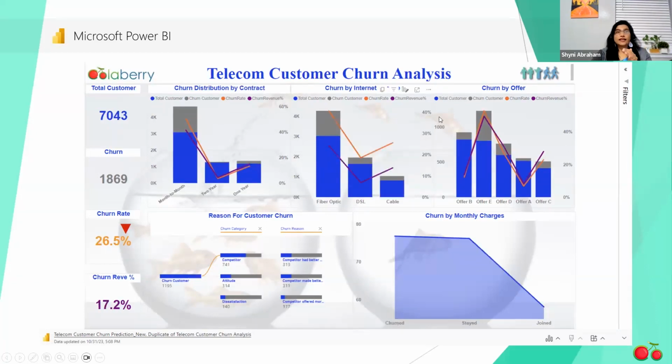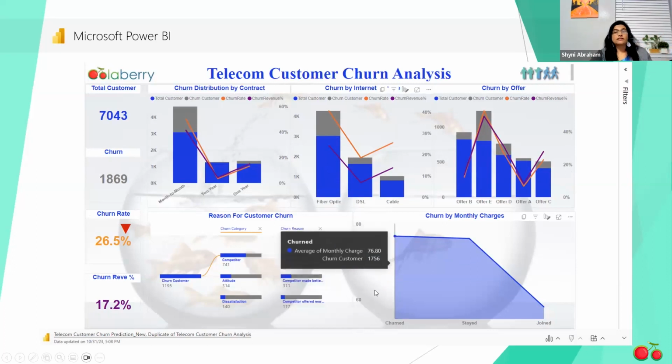And the third area, as you can see, is Offer E. The offers provided by the provider to the customer show a churn rate up to 53%. And below here, as you can see, the higher the monthly charges go, the higher the churn rate goes.